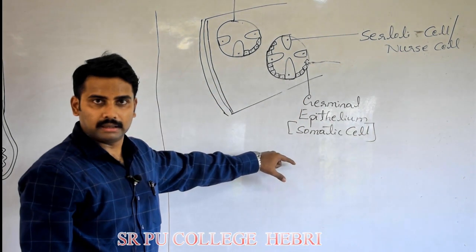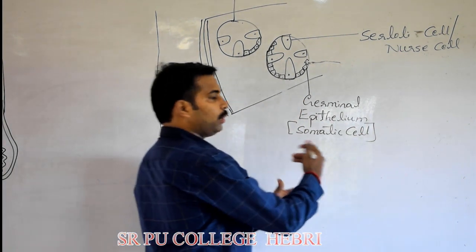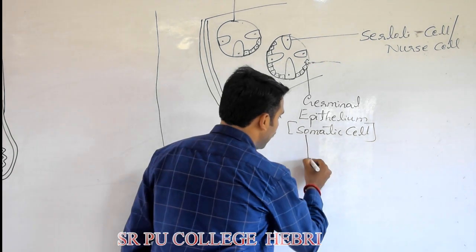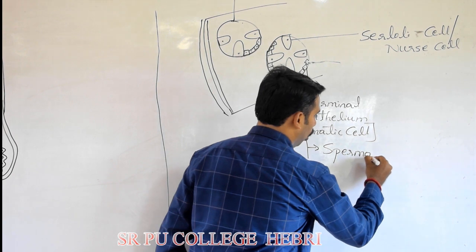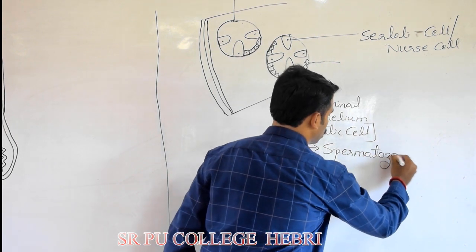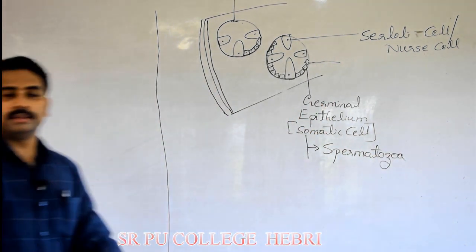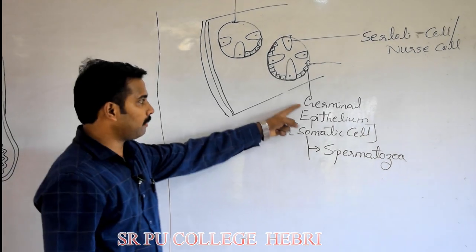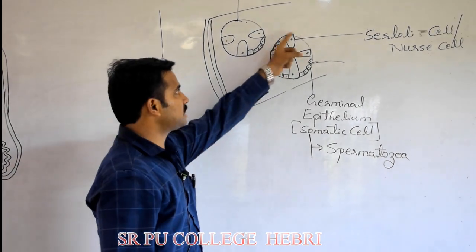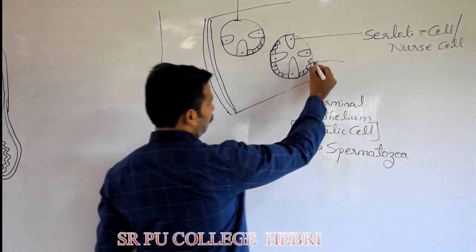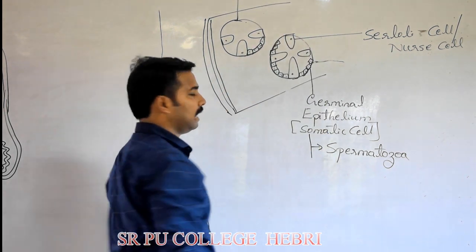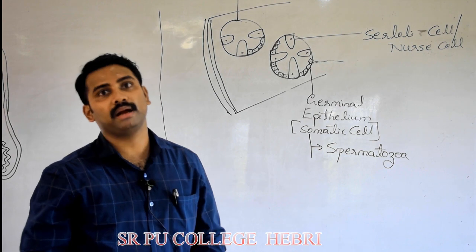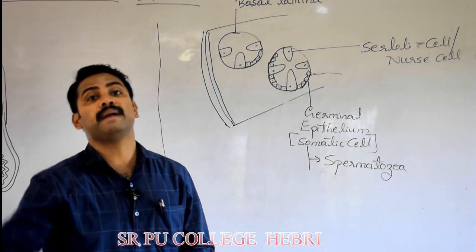It later undergoes a continuous process of division and develops into sperm, or the so-called spermatozoa. I repeat, the cuboidal germinal epithelium present inside the seminiferous tubule rests on what? Basal lamina, nothing but the basement membrane.